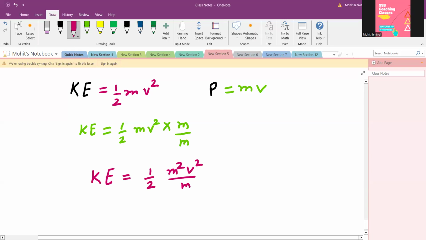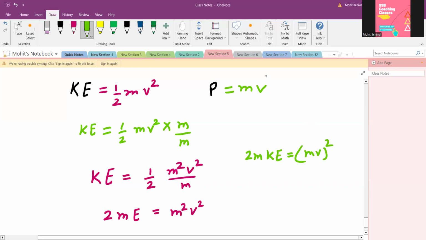You can take 2m from the denominator to the left hand side. Now this will become 2mE, where E stands for kinetic energy, that is equal to m square v square. You can simplify more: 2m kinetic energy is equal to (mv) whole square.